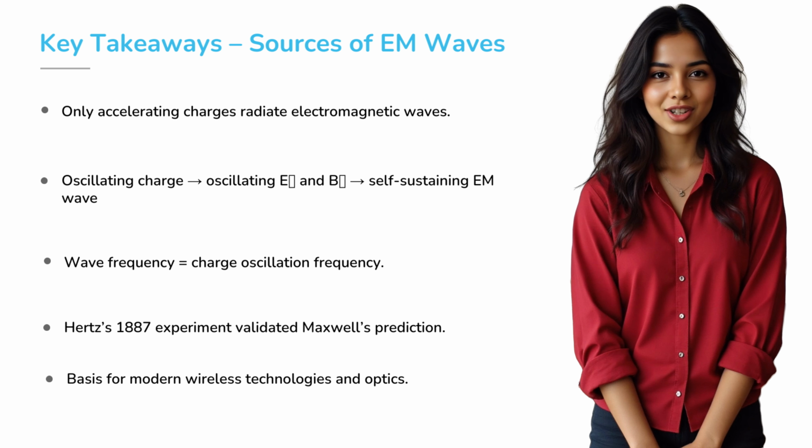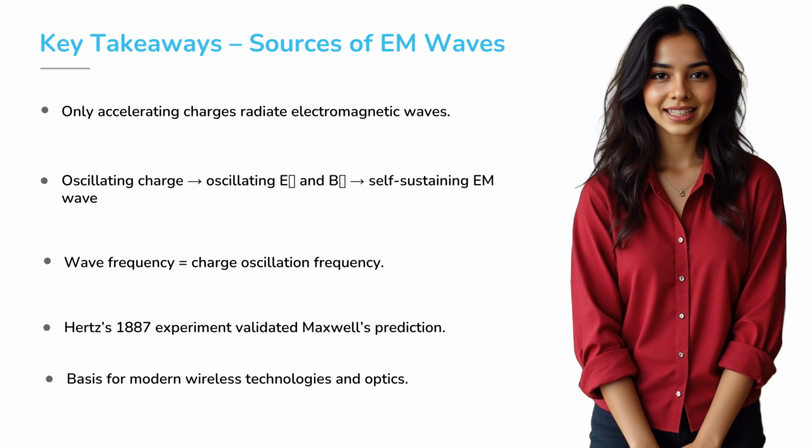So let's tie it all together. Accelerated charges are the true sources of electromagnetic waves. Their oscillations create oscillating electric and magnetic fields which sustain each other and travel through space. The frequency of the wave is exactly the frequency of the source charge.